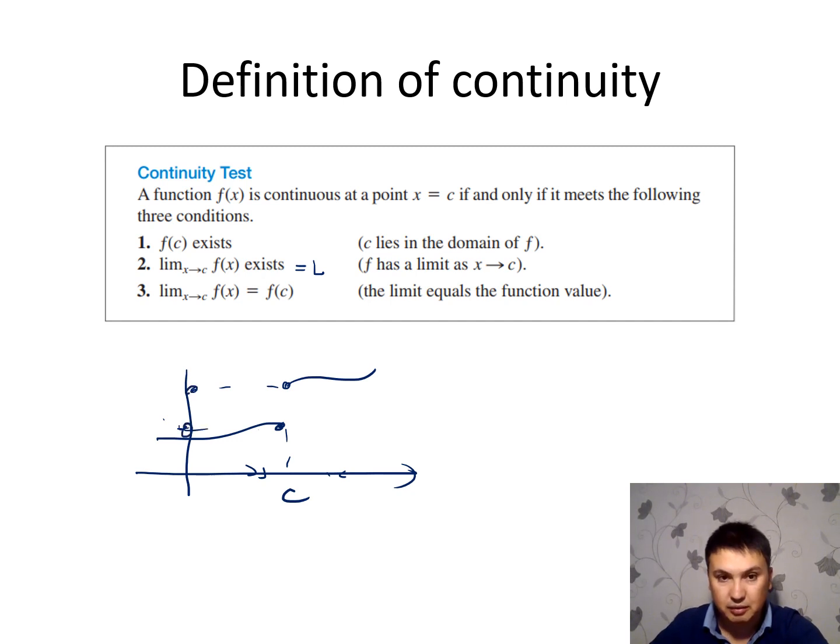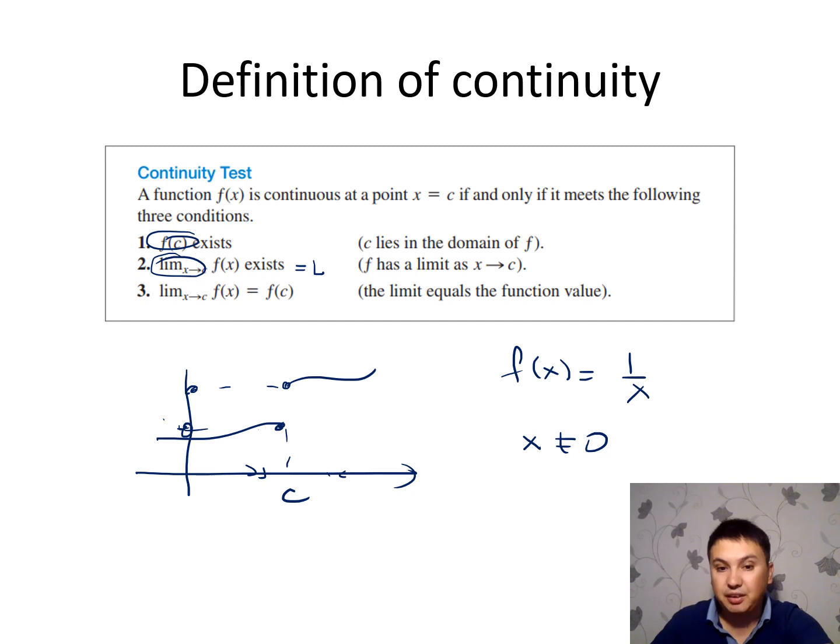So this limit doesn't exist. Or it simply might be that f(x) isn't defined. So what could happen is, for example, f(x) is equal to 1 over x, and x cannot be 0, right? So you cannot even ask if the function is continuous at 0. No, it's not continuous because it's not even defined, right?